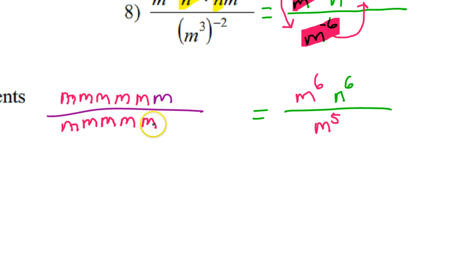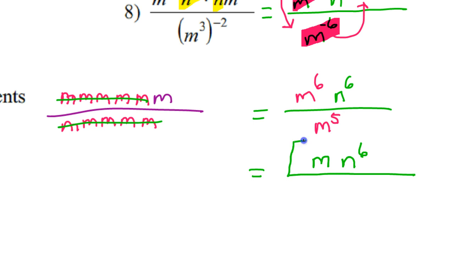So what's happening is these 5 m's are going to cancel out these 5 m's. And that's just going to leave 1 m in the numerator. That's why the final answer is going to be m and n squared. And there's nothing in the denominator, so that's it.